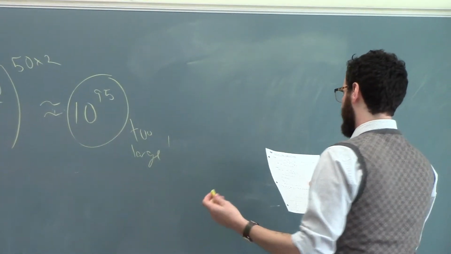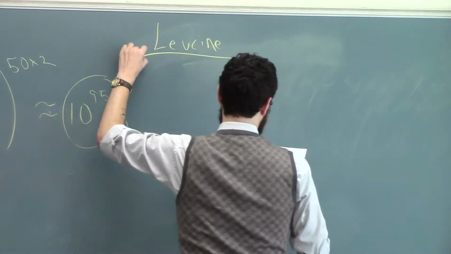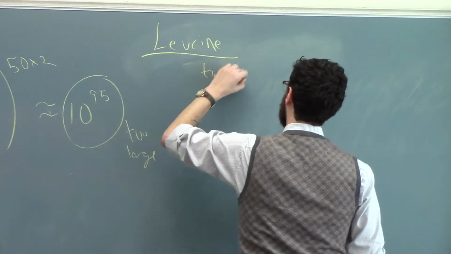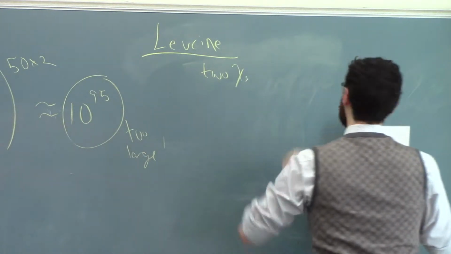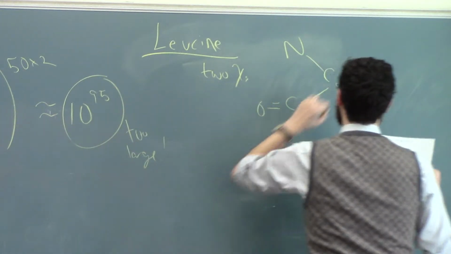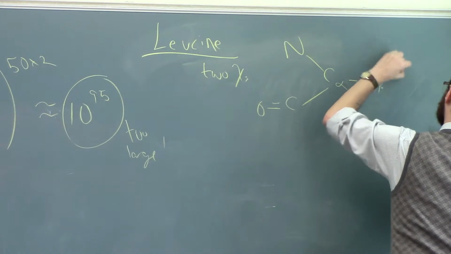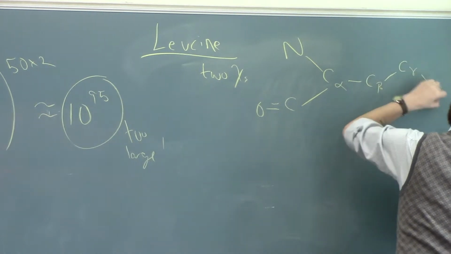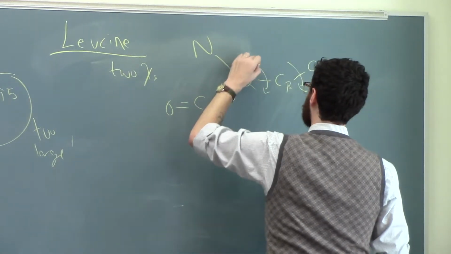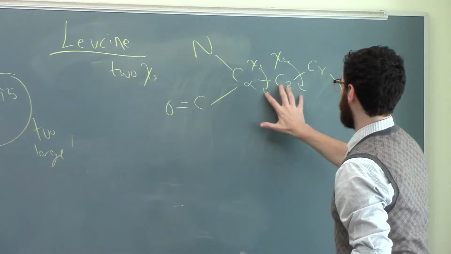So we can also take a look at leucine, which has 2 chi angles. There's chi 1 and chi 2.